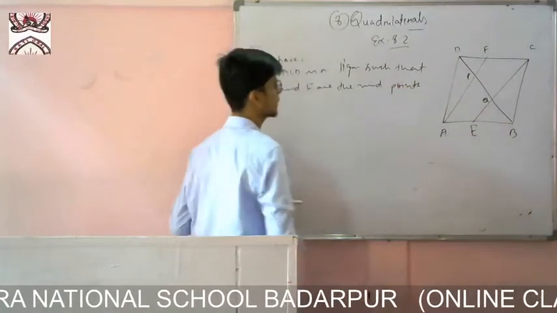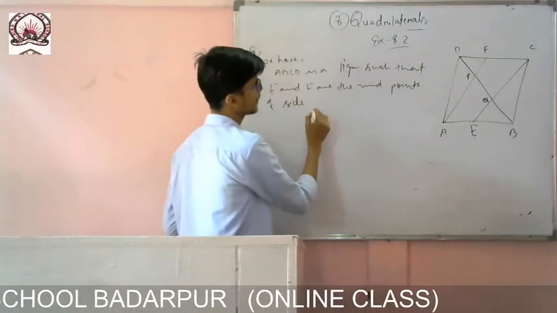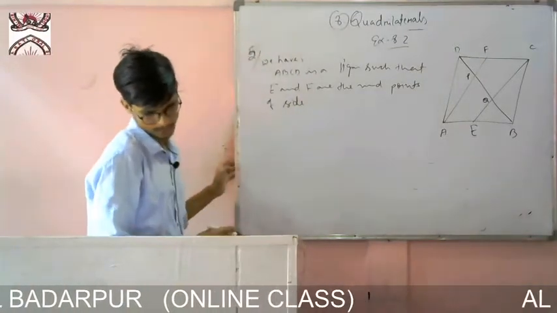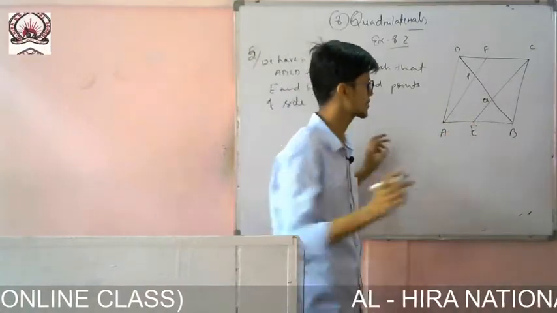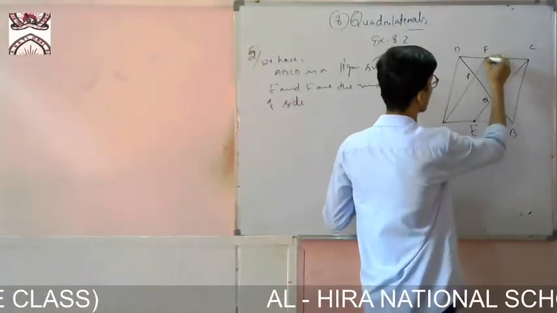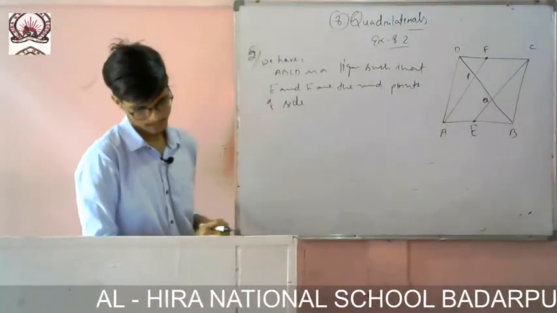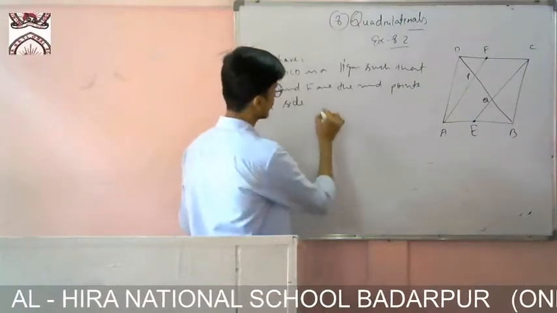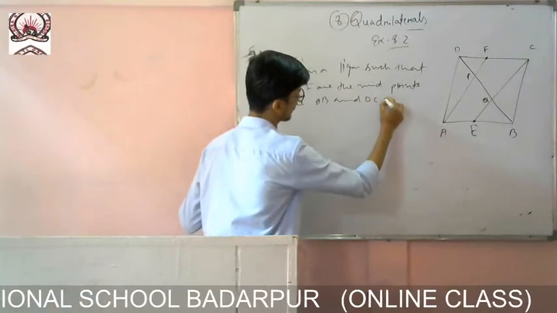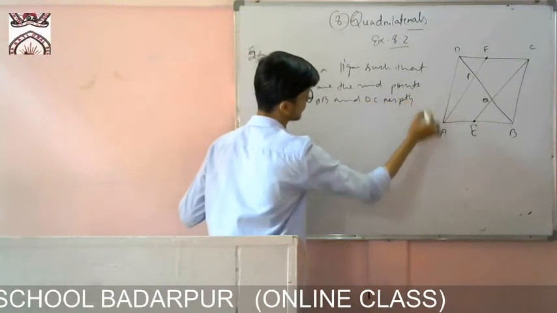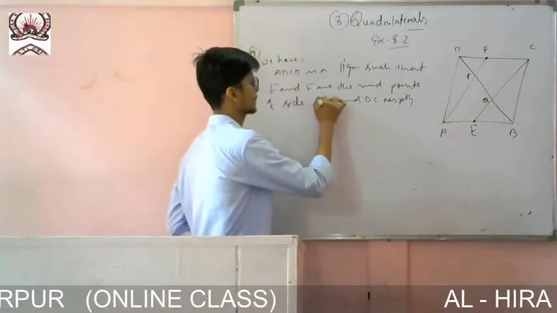I have drawn it not in a correct way. These are the midpoints, it is given, so it should be in the middle. So if you draw it nicely, E and F are the midpoints of sides AB and DC respectively. Okay, you write it.